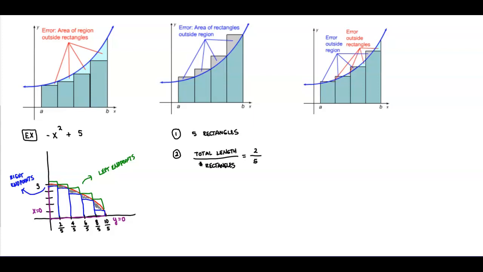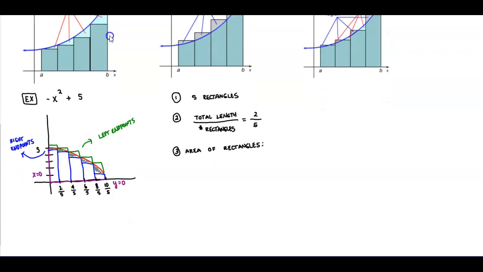Okay, and so now we want to find the area of each rectangle. So if we want to find the area of the rectangles, then we would do the following.